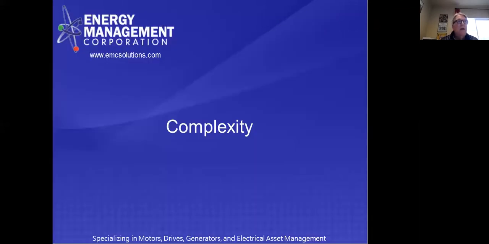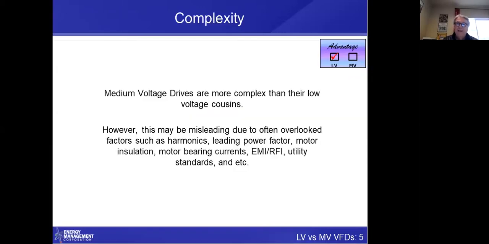Now, let's talk first about the complexity. Would you say that a low voltage drive is more or less complex than a medium voltage drive? Well, I think that's kind of an easy one. If you look up in the upper right, there's a little box that says advantage. I have added that box throughout this presentation, and that's my opinion, and you're welcome to have a different opinion, but that's my opinion as to which one has the advantage.